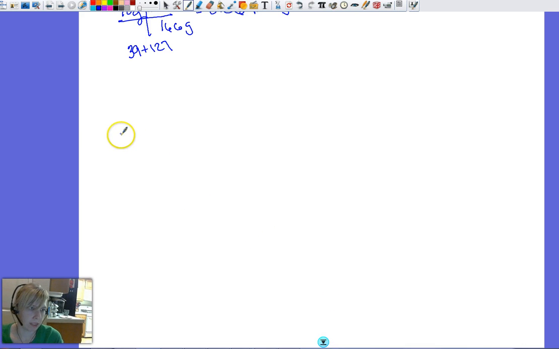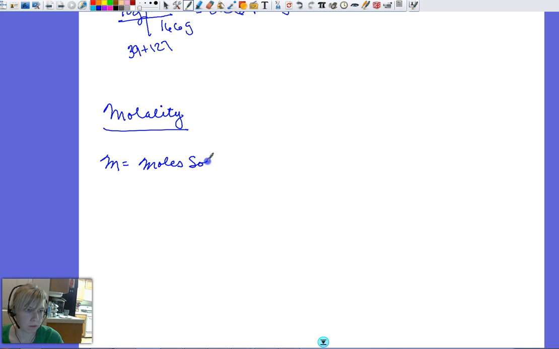Next we have molality. What is the molality of a solution that contains 0.124 grams chromium dissolved in 43.5 grams of iron? So our molality equals moles of solute divided by kilograms of solvent.